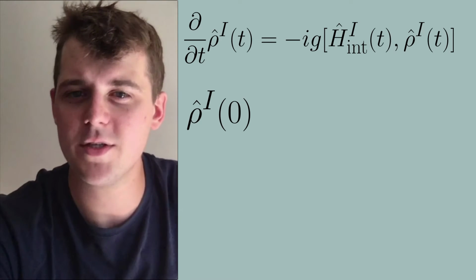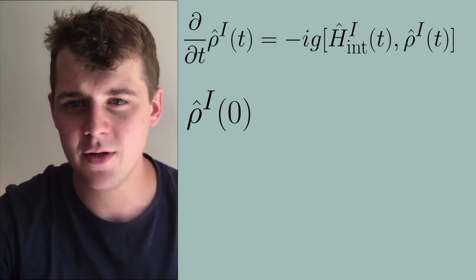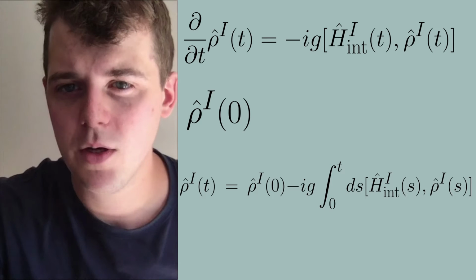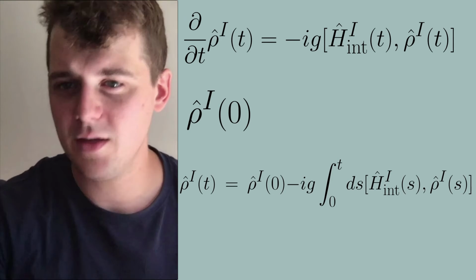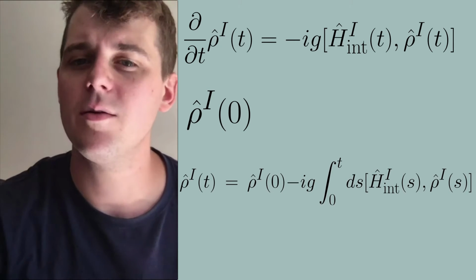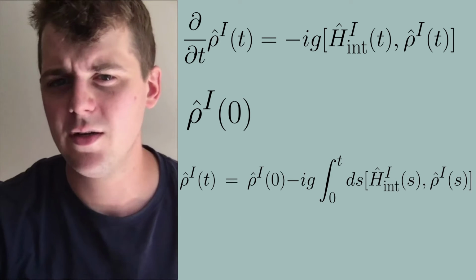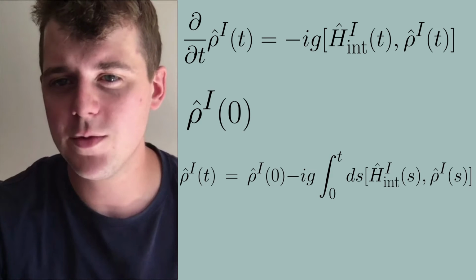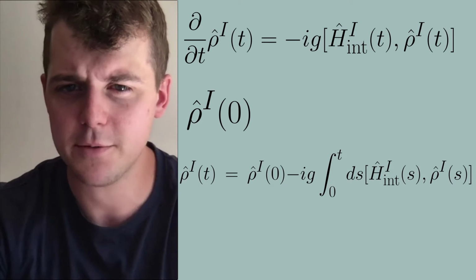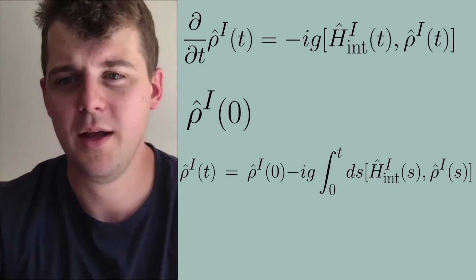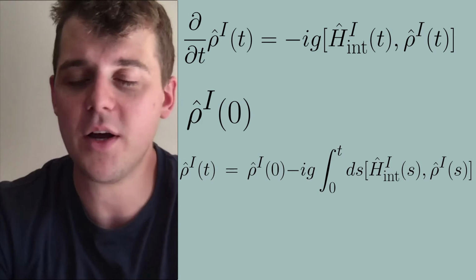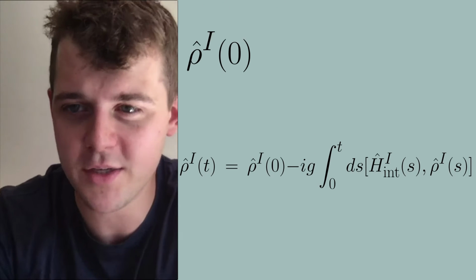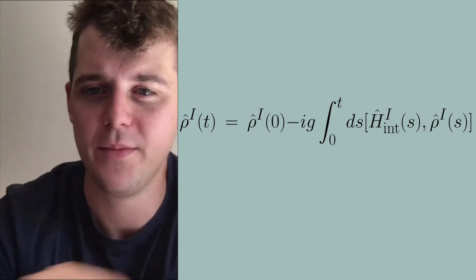We just integrate both sides of the equation, and we've got this initial condition, rho I at 0, plus this same commutator, proportional to i g, and then a time integral which goes from 0 to t, integrated over s. And this is the von Neumann equation written in an integral form, but it's going to be very useful for us to do a perturbation series.